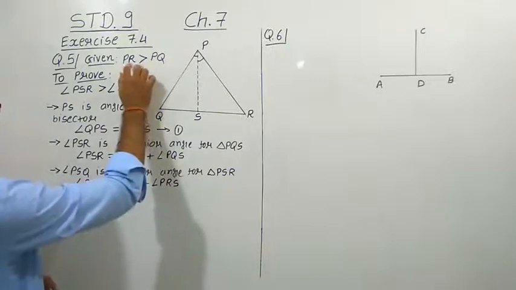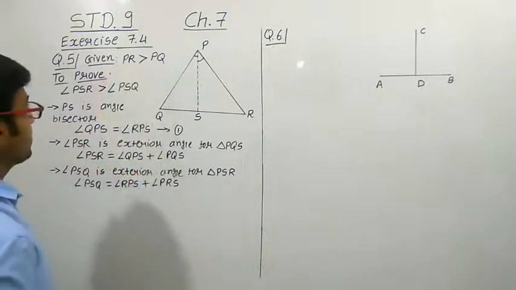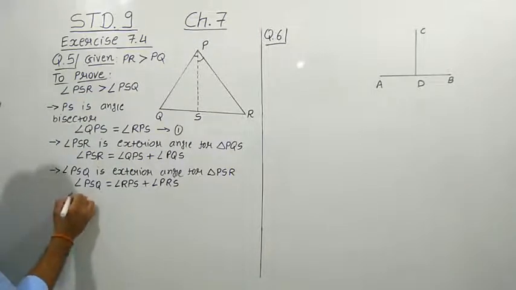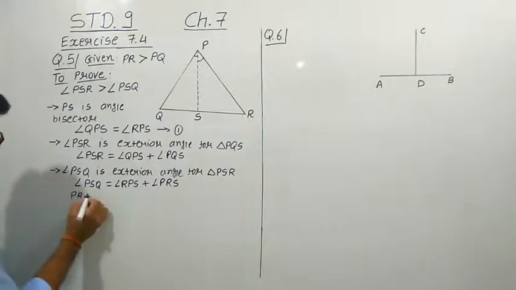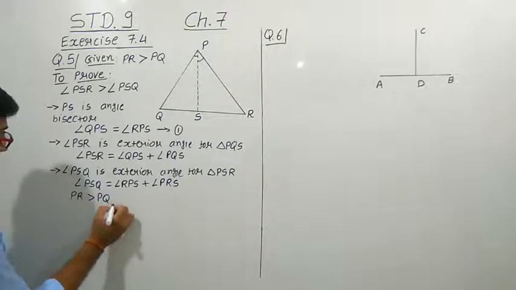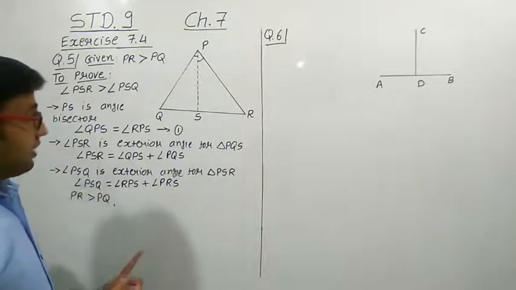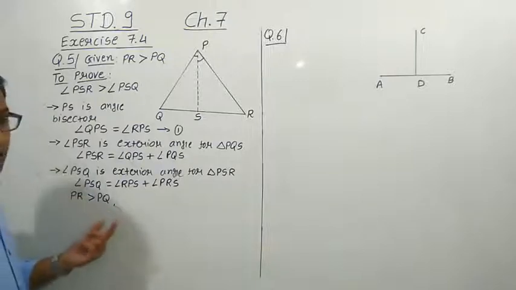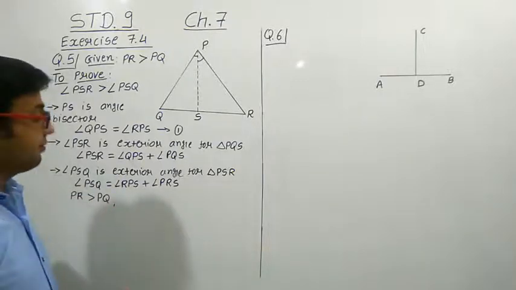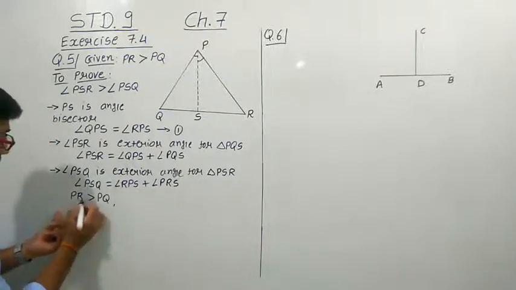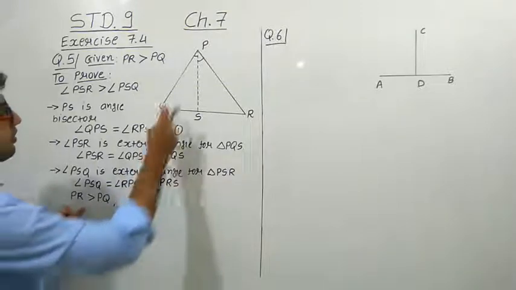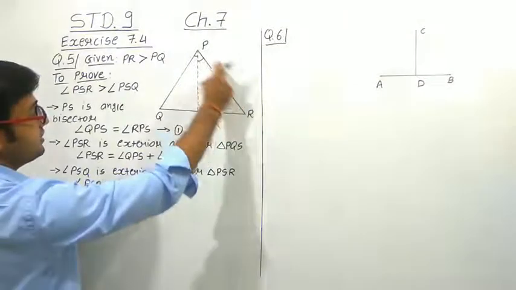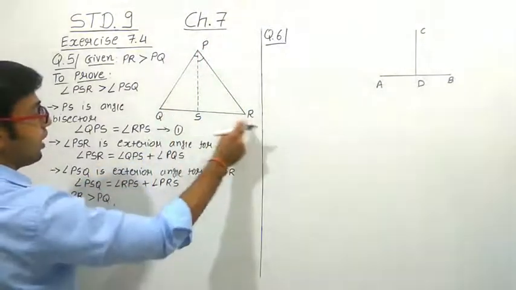Now how can we prove that PQS is greater than PRS? Here we have been given one condition, that PR is greater than PQ. So we have to use that given condition. Now in a triangle, if one side is greater than another side, its opposite angle is also greater. Yes. So the angle opposite to this PR side is PQR.